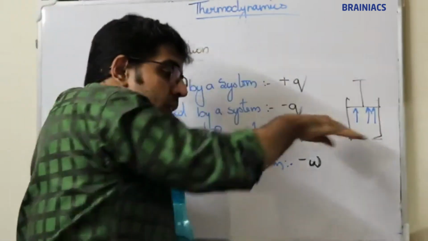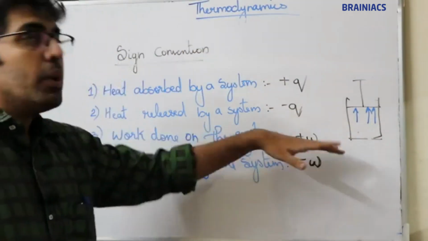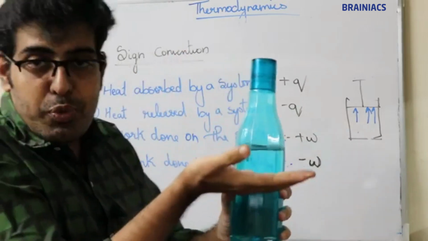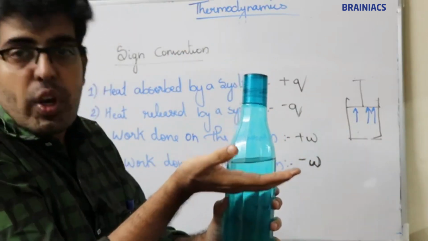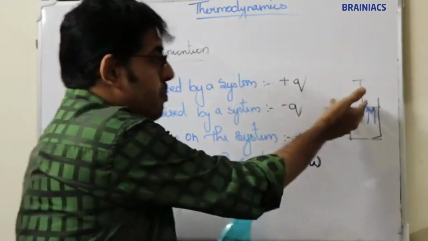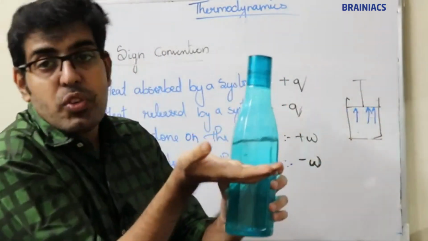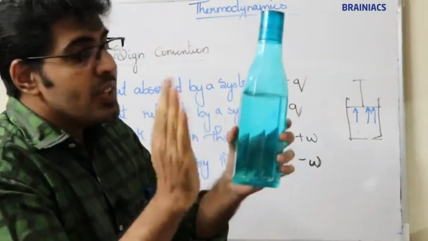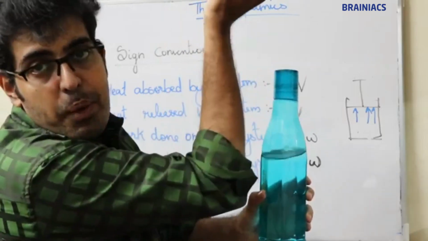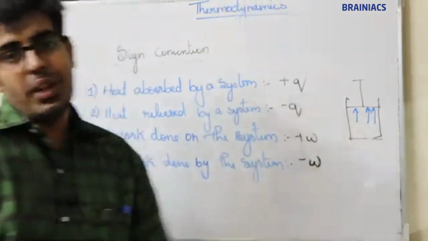So work done on the system is taken as plus W, and work done by the system, if this system is pushing this piston upwards, that means the system is doing work to push it upwards, is taken as minus W.